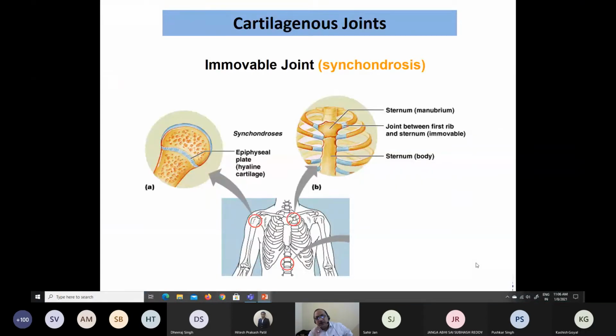So we start with the cartilaginous joints, which are primarily immovable joints. And as you can see, some examples of cartilaginous joints at different parts of the body.